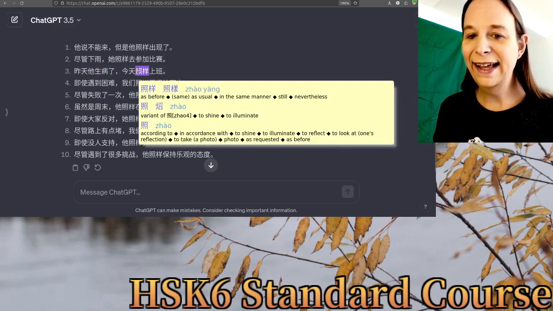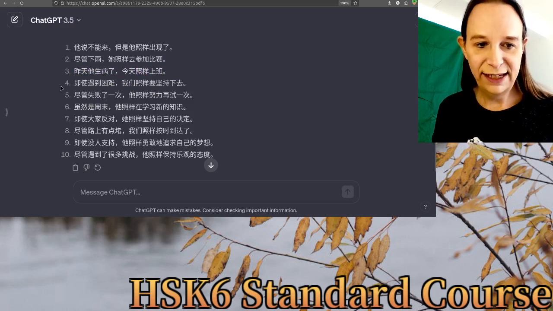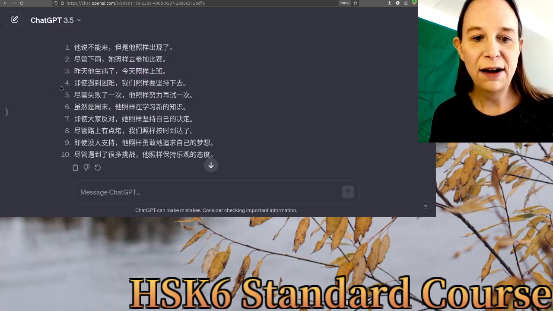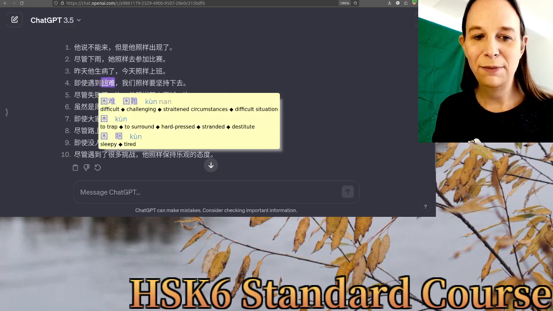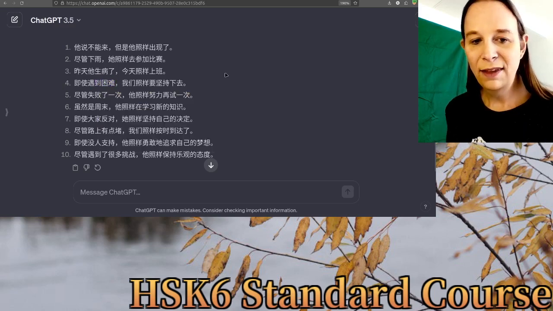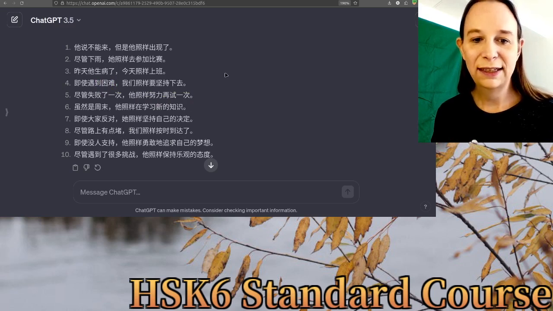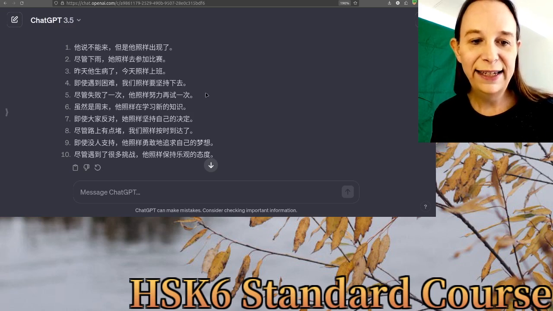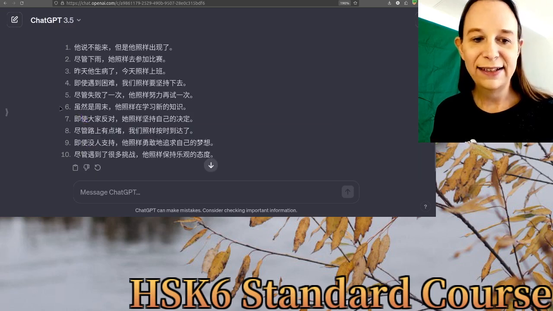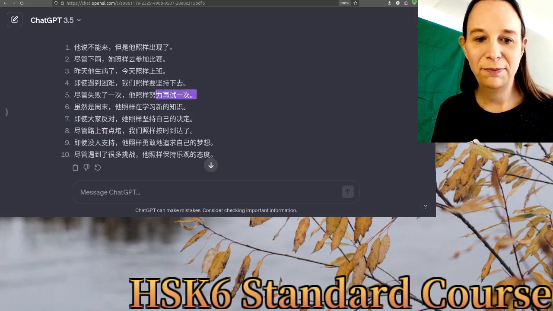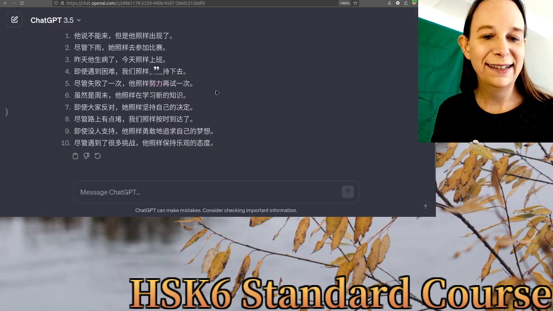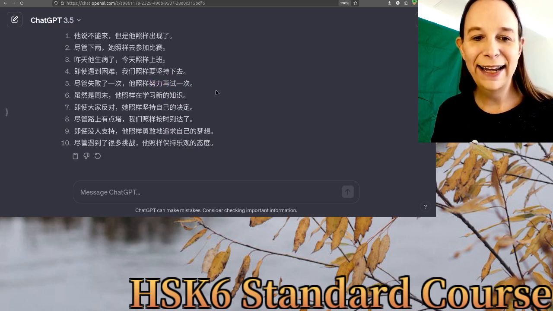But it's like against expectations. 即使遇到困难，我们照样要坚持下去。So even though we meet obstacles, complications, challenges, we must, as usual, continue on. 坚持 persevere. 尽管失败了一次，他照样努力再试一次。Okay, so despite failing once, he continued as usual, strenuously trying. He strenuously tried again.